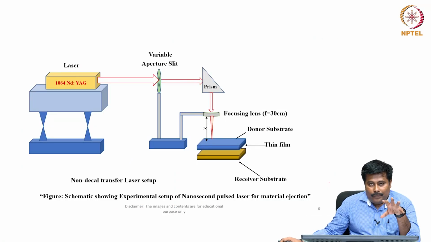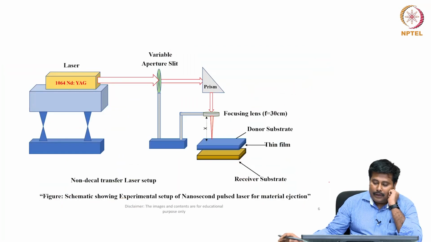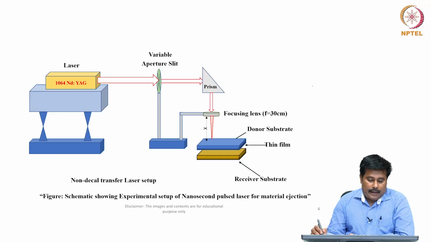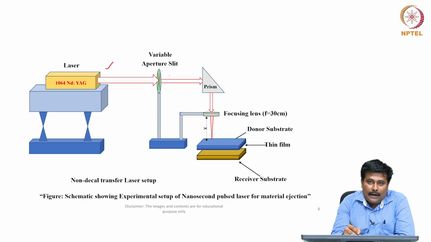Now, in order to make a comparison between the non-laser decay transfer and the laser decay transfer, let us take this setup, which is used for a non-decay transfer. In this non-decay transfer, there is an NDR laser, a variable aperture slit, a prism arrangement and a focusing lens.